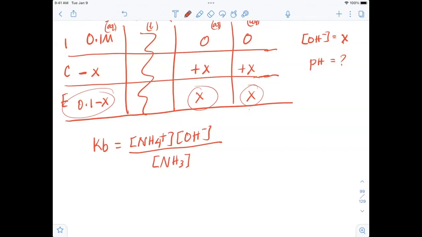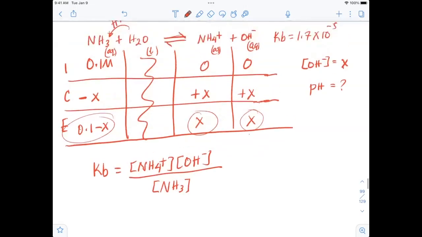Now before I do that, I want to check the 5% rule. Does the 5% rule pass? What was my Kb? Kb divided by base NH3 times 100. Let's see what it is. 1.7 times 10 to the negative 5 divided by 0.1 times 100.